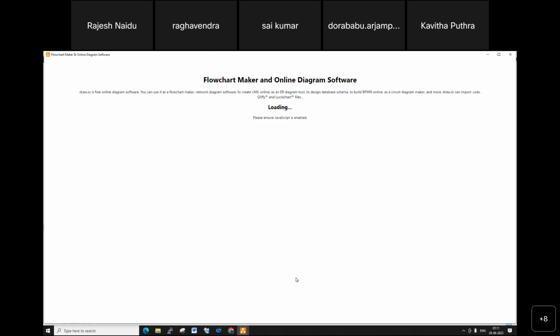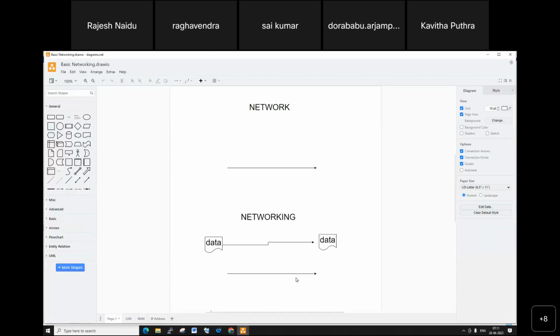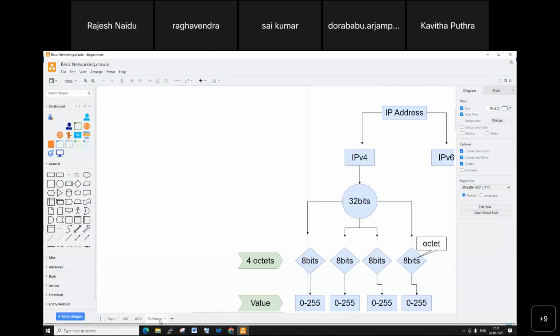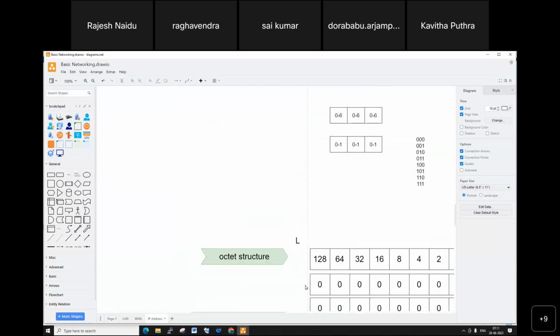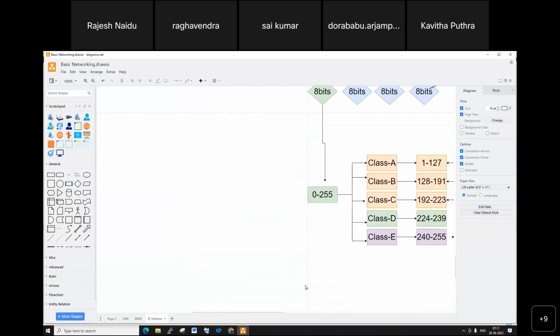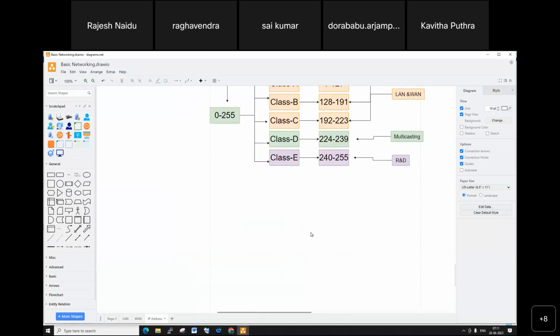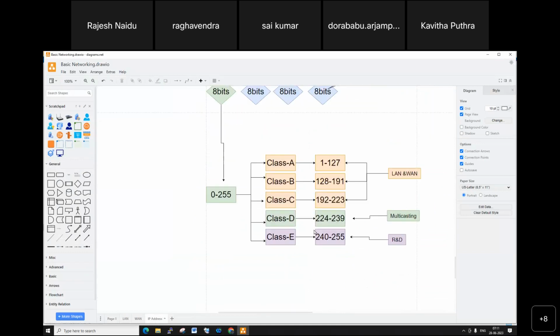So yesterday, we discussed up to the IP address classes. In total, 5 classes are available. These 5 classes are divided into 3 sections: LAN and WAN technology, multicasting, and research and development.